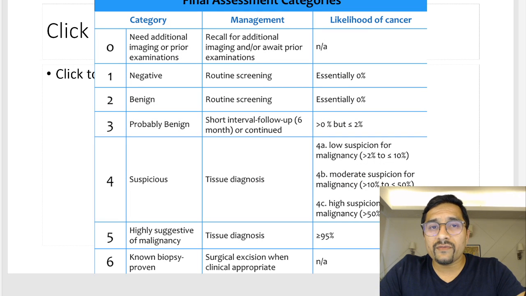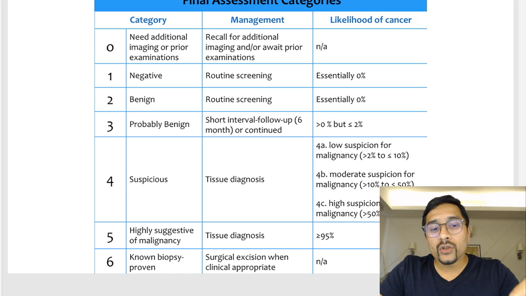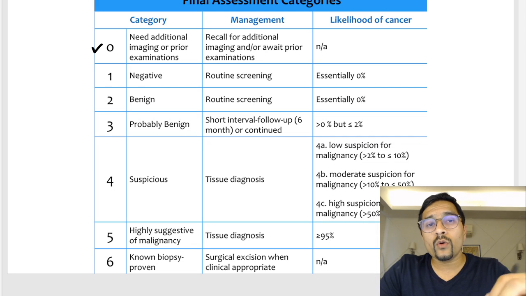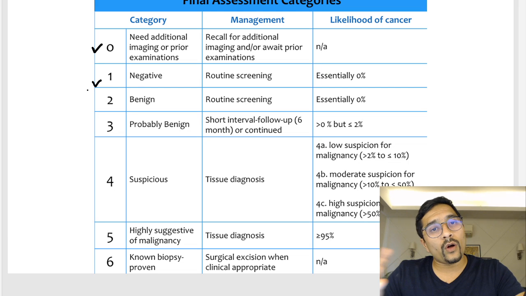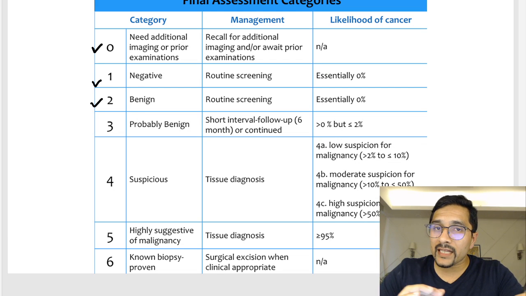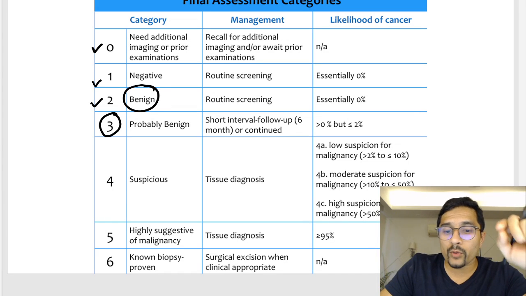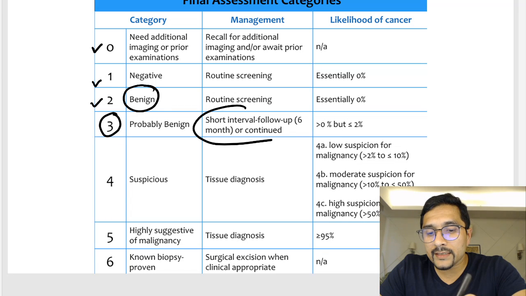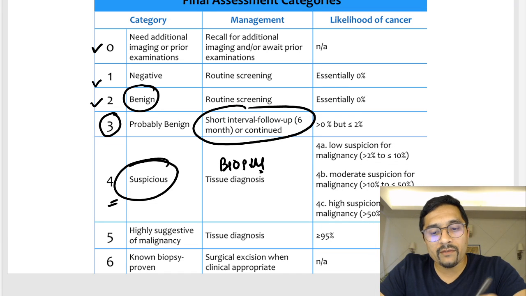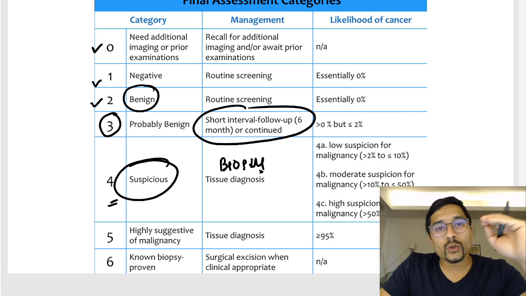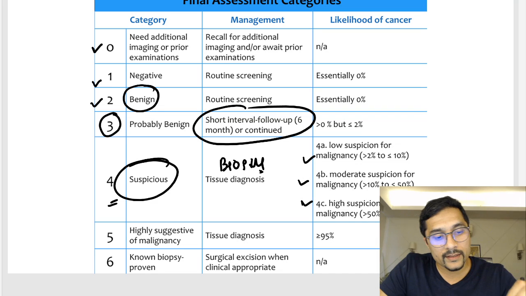Now, BI-RADS scoring is very important. BI-RADS stands for Breast Imaging, Reporting and Data System. So all of you should know, BI-RADS 0 calls for additional imaging because it is an incomplete investigation. 1 is negative, call the patient after 1 year. 2 is benign, like in the case I showed you, you call the patient after 1 year. 3 has been asked many times, it is probably benign, a short-term follow-up after 6 months. 4 is suspicious and we need to do a biopsy. 4 is further subdivided into 4A, 4B, 4C. 4A is 2 to 10% risk, 4B is 10 to 50%, and 4C is 50 to 95% risk.